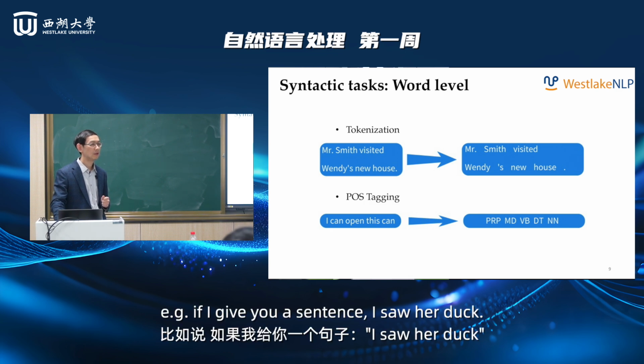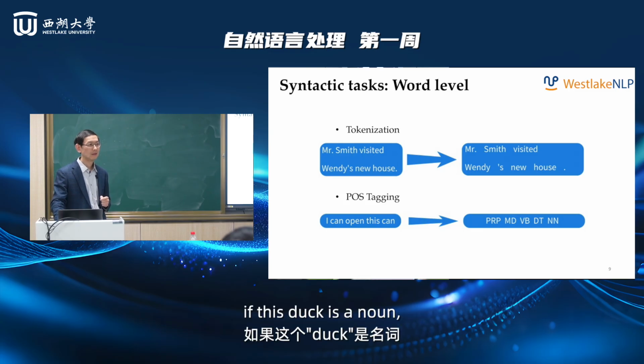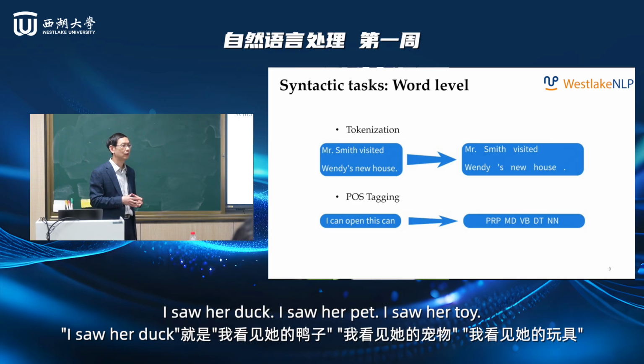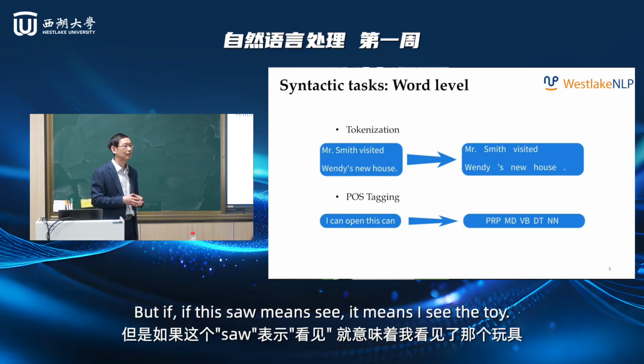For example, if I give you a sentence, I saw her duck, okay? If this duck is a noun, right? I saw her duck, I saw her pet, I saw her toy. But if this saw means see, it means I see the toy.